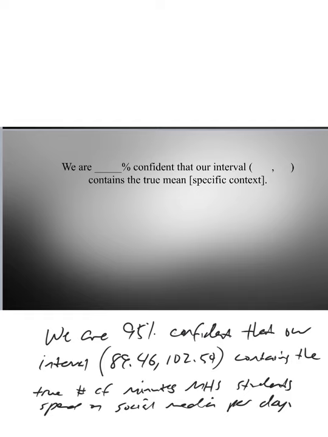And so again, what we're saying is we're not positive, but we're 95% confident based on the method that we use, that if we just kept producing intervals, in 95% of our intervals, as long as they're random samples and so forth, we'd capture mu. And so we're pretty confident that mu is somewhere in that 89.46 to 102.54 interval.